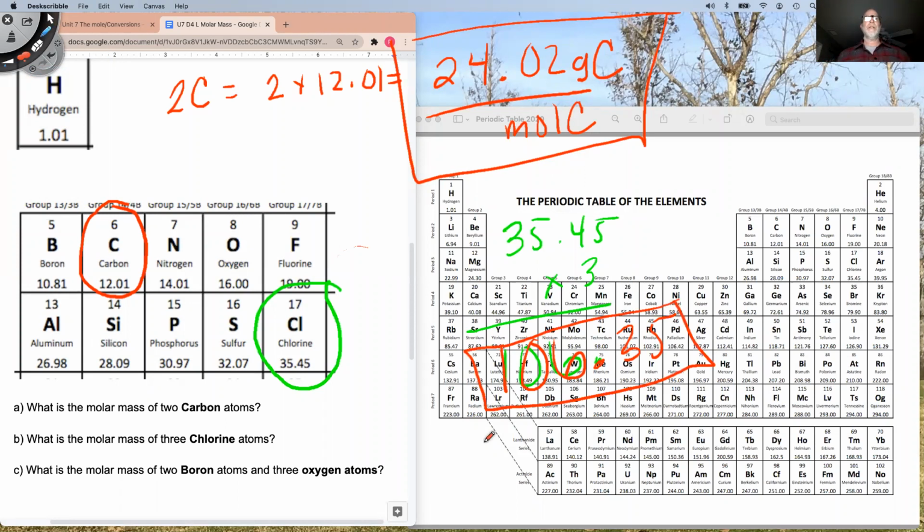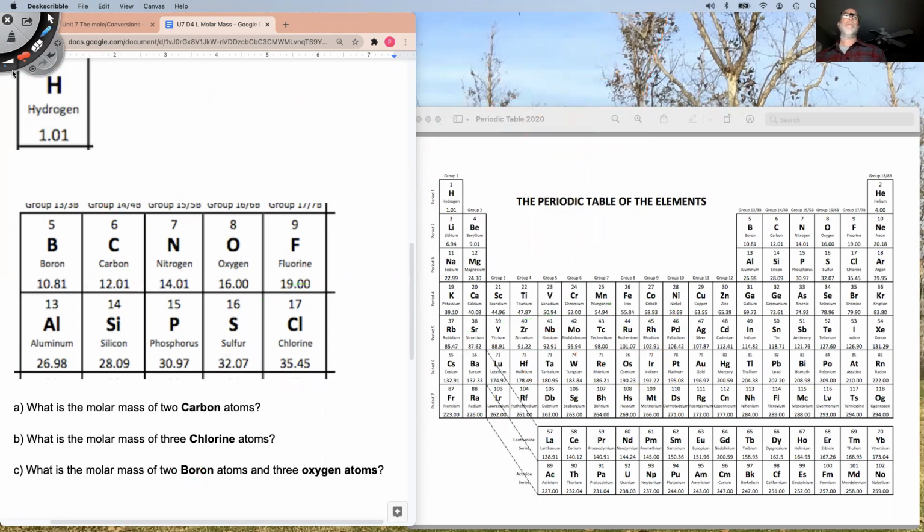All right, so next, ladies and gentlemen, what's the molar mass of 2 boron atoms plus 3 oxygen atoms? See if you can work that one out. It's going to be 2 boron atoms, so each boron is worth 10.81, times 2.